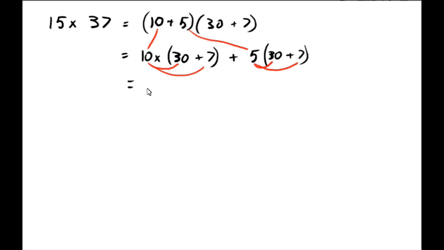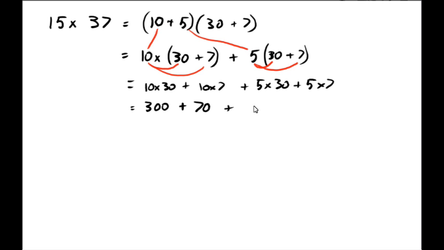So 10 times 30 plus 10 times 7. 5 times 30. 5 times 7. So we'll get 300 plus 70. 150 plus 35. Add them together. Okay, 525.